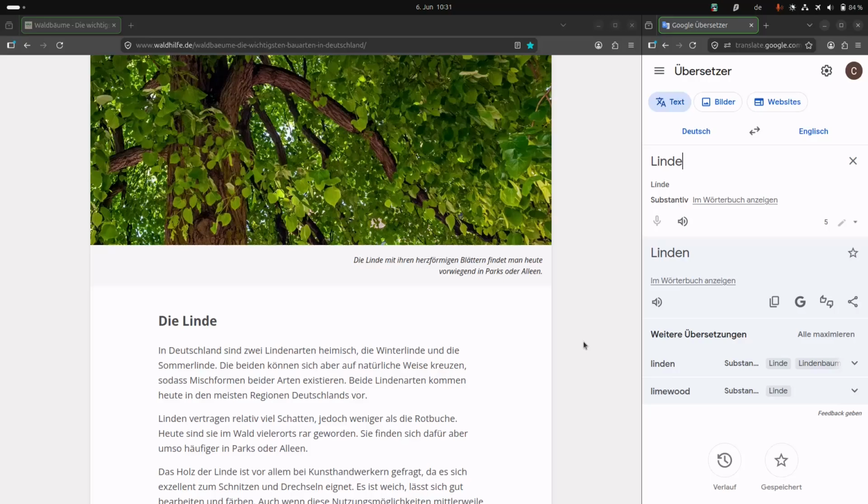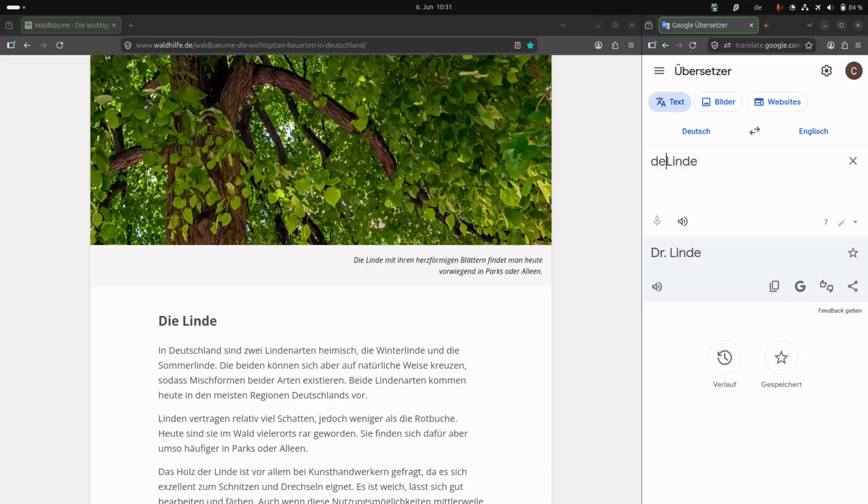First off, the Linde in German, or the basswood, or maybe basswood is more in terms of the wood. Anyways, der Lindenbaum. The linden tree is, I think, most famous, or rather used, for its carving abilities, for carvers, not industry.